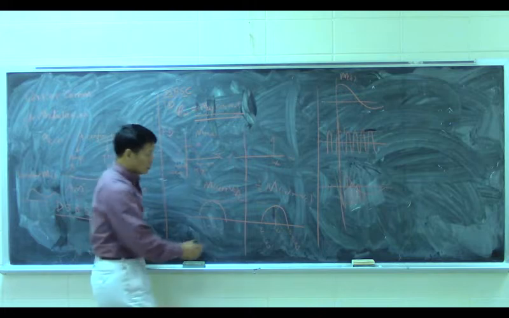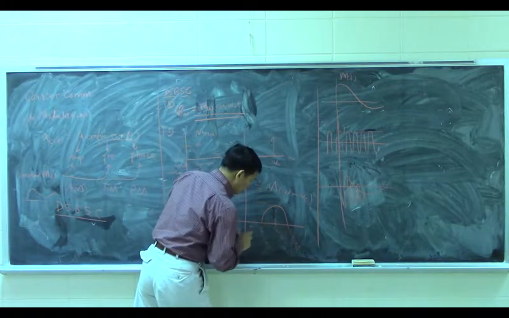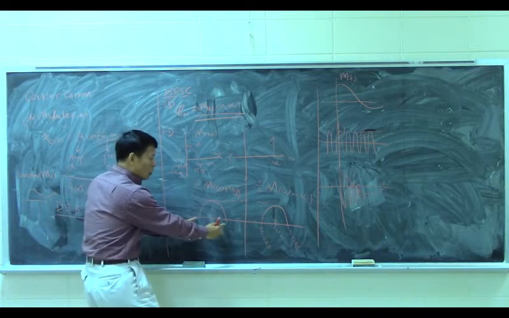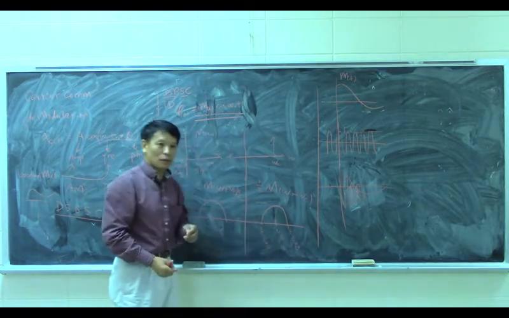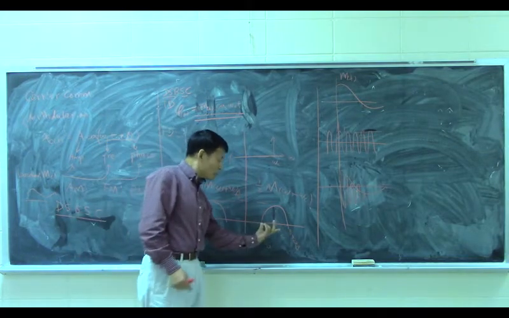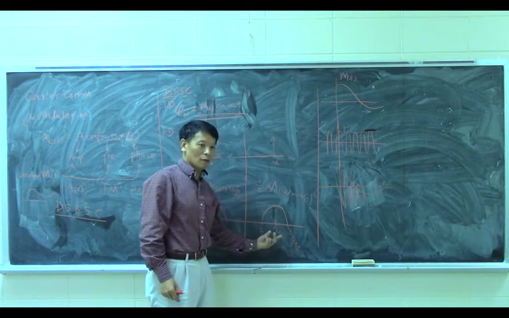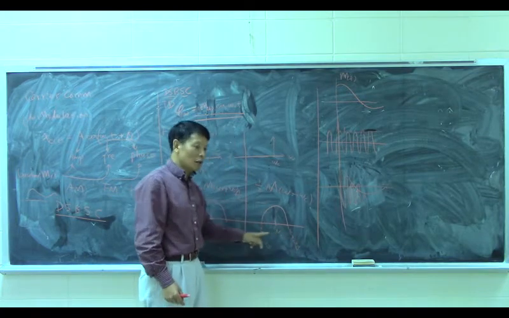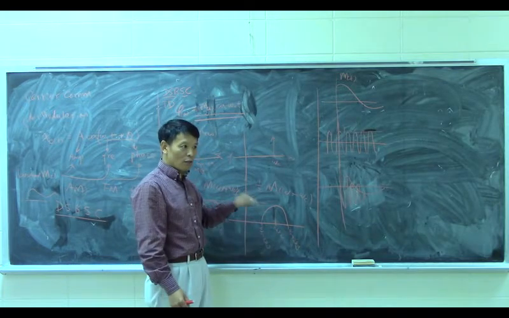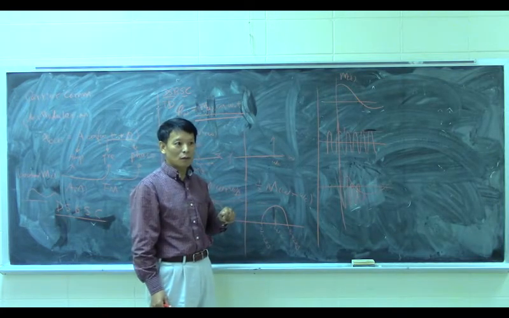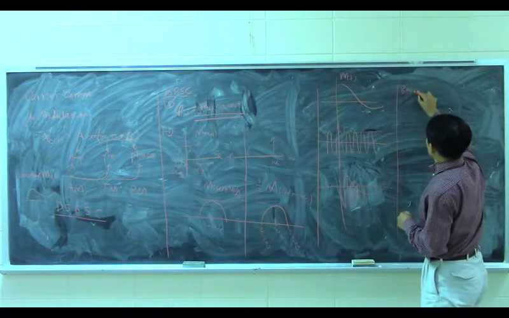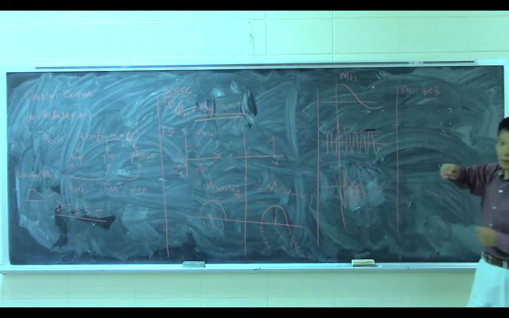Now look at the bandwidth of this thing. The bandwidth here is from this point to this point. And this copy is exactly the same as this one, so we can just ignore this. The power is added together. So what is the bandwidth of this modulated signal? It's from omega c minus 2 pi B to omega c plus 2 pi B. We subtract these two, the difference is 4 pi times B radians per second.